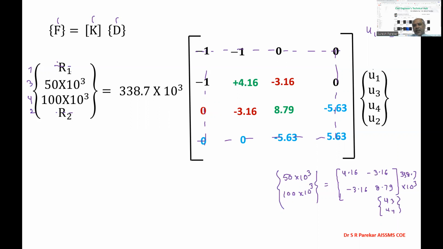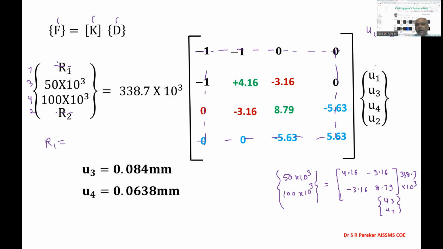So solve these simultaneous equations, and solving this matrix, we will get the value of U3 as 0.084 millimeter and U4 as 0.0638 millimeters.